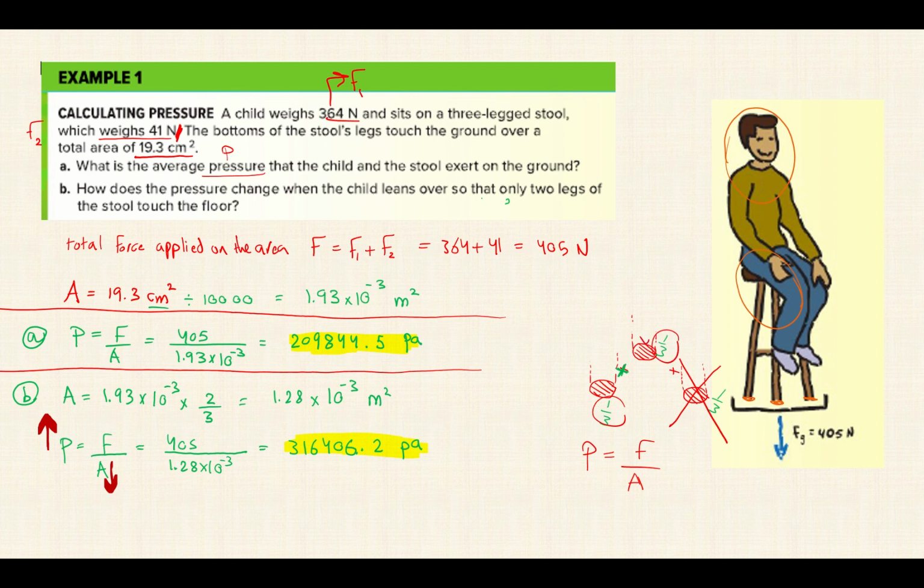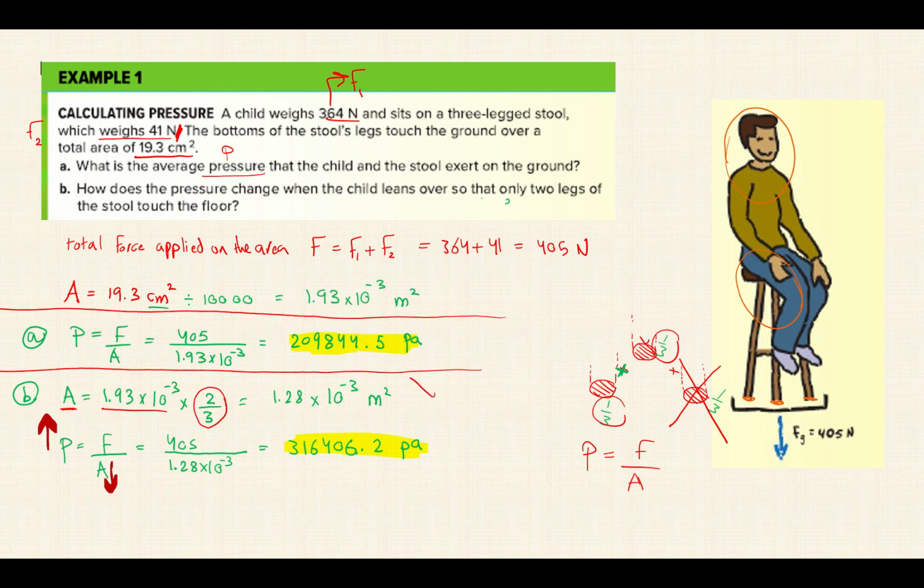So we need to find the new area by multiplying the total area by 2/3, which is the area of 2 legs. That will give you 1.28 times 10 to the negative 3 meters squared. This is the area that the stool makes with the ground after the child leans over.